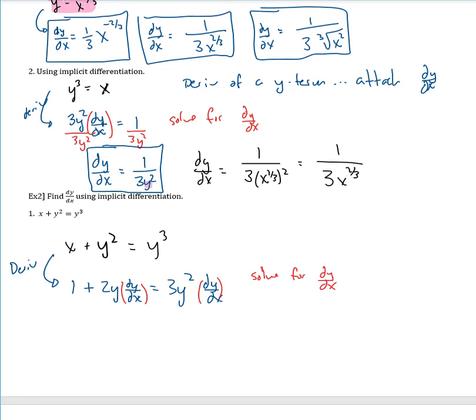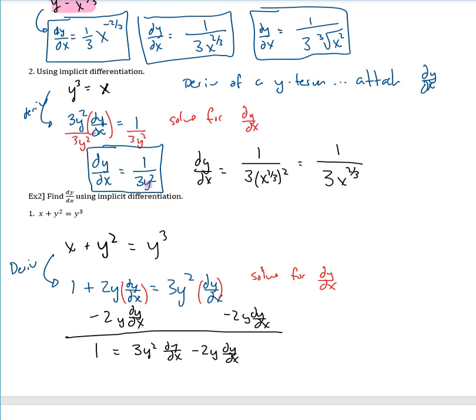Let's go ahead and subtract this 2y dy dx over to the other side so that I have 1 by itself equal to the 3y squared dy dx minus 2y dy dx. And let me put those in parentheses.